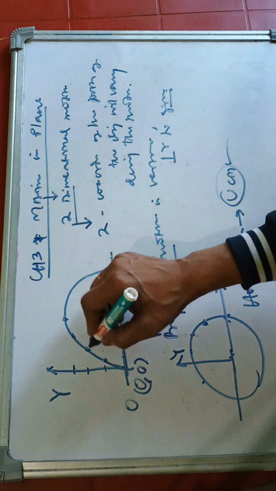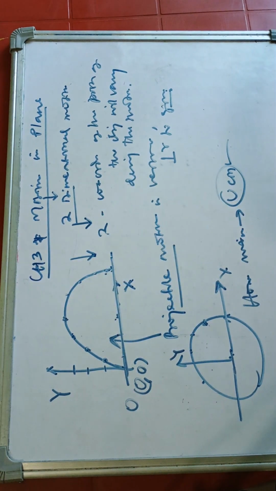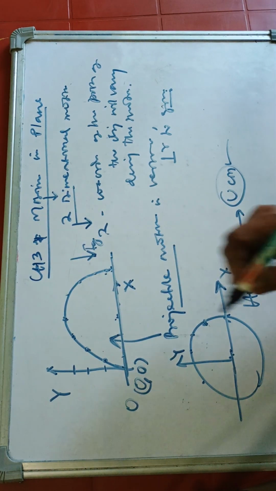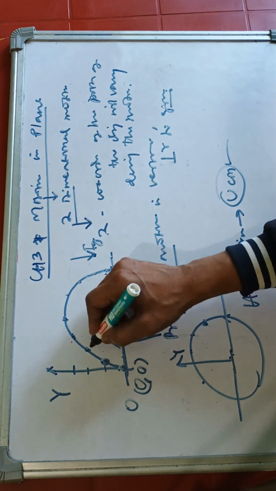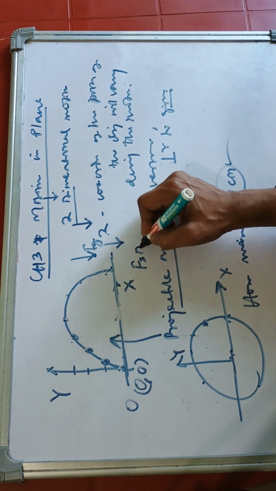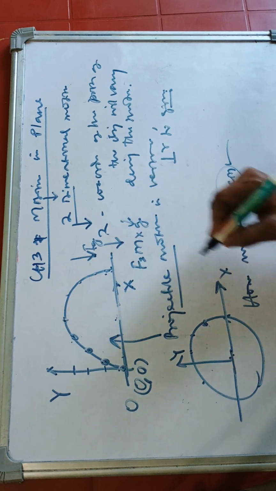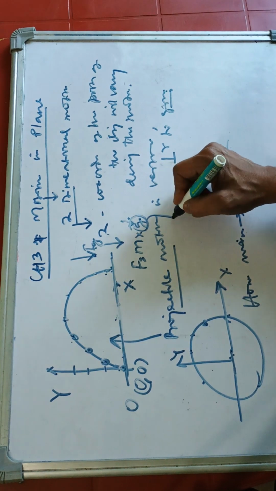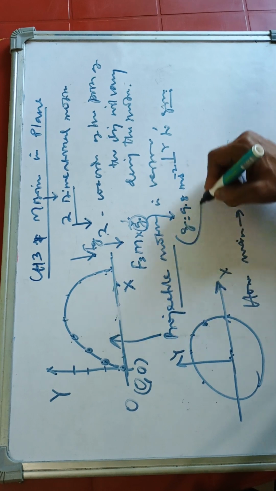In that case, during the motion, the force due to gravity, Fg, will be acting on this object. This Fg will be the mass of the object times g, that is the acceleration due to gravity. And this g is constant, its value is 9.8 meters per second square.